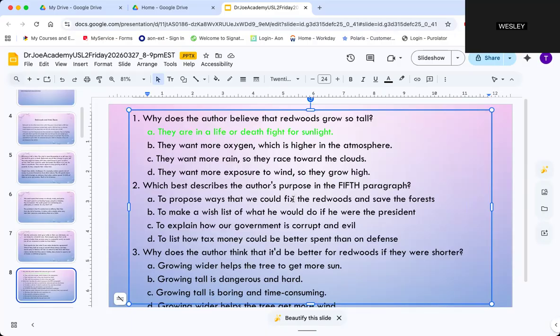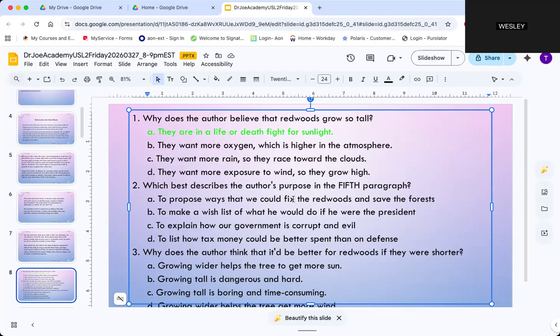B. To make a wish list of what he would do if he were the president. C. To explain how our government is corrupt and evil. D. To list how tax money could be better spent than on defense.